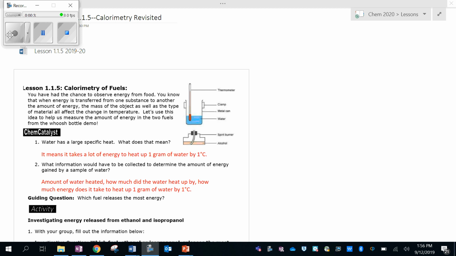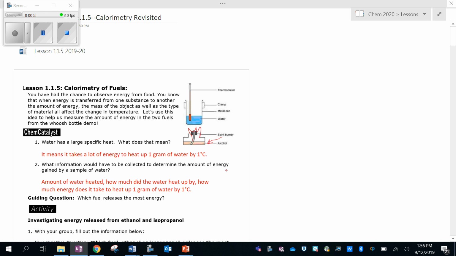So the way that we did that was we set the fuel on fire underneath a certain amount of water, and we measured how much the temperature of the water changed by, and we also measured how much of the alcohol was used during that time.